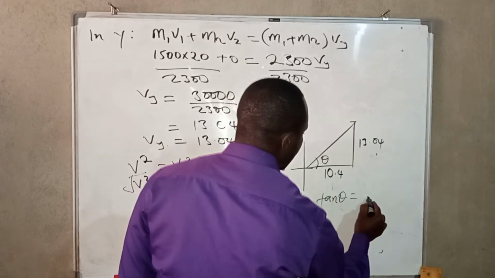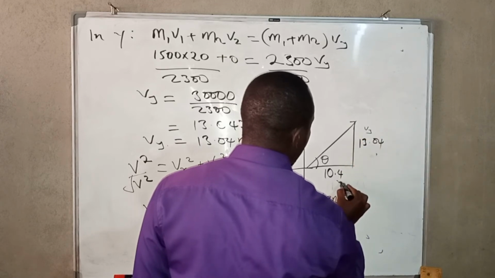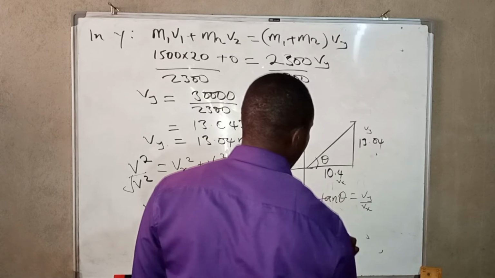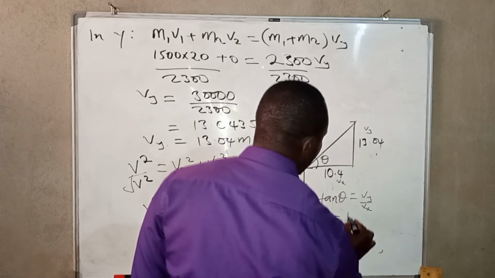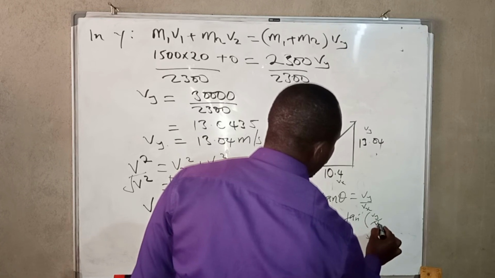Tan theta is equal to Vy over Vx, so theta will be equal to the tan inverse of Vy over Vx.